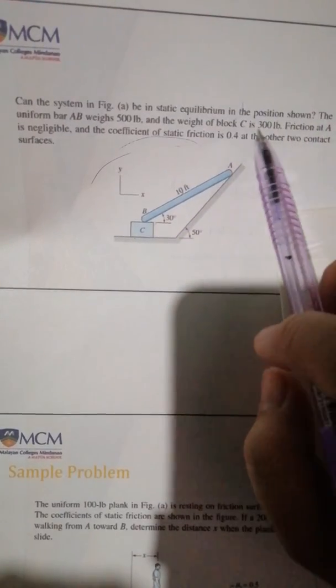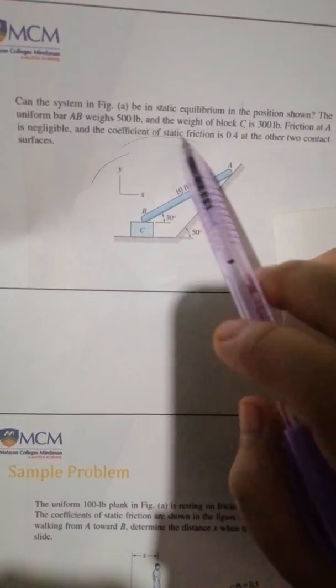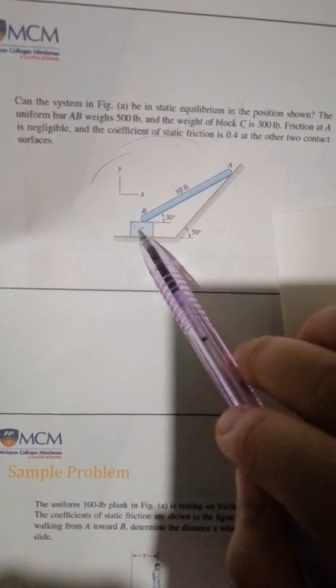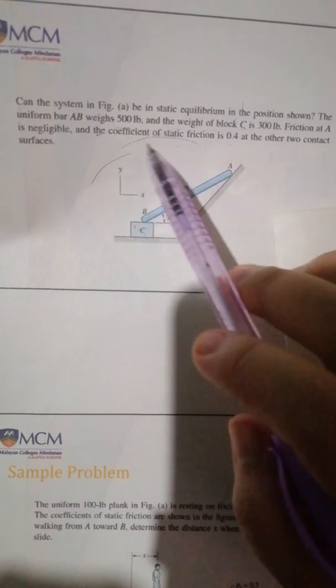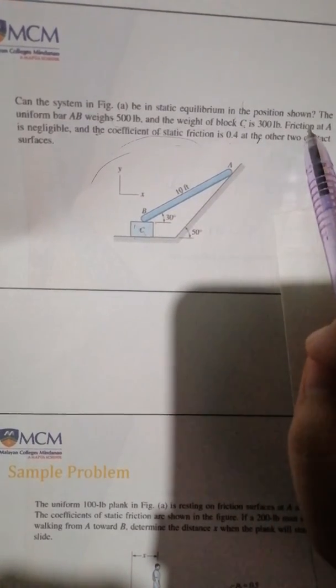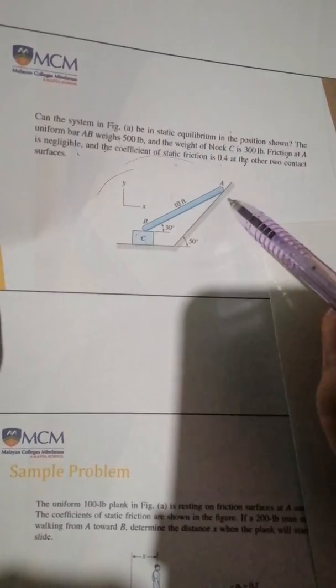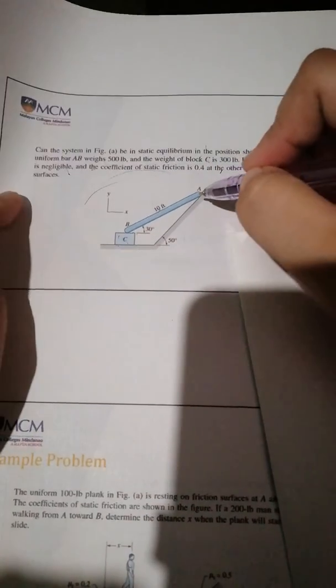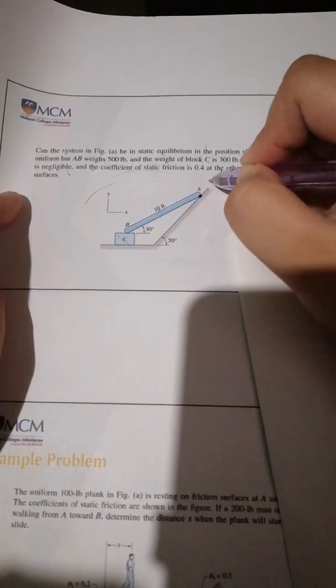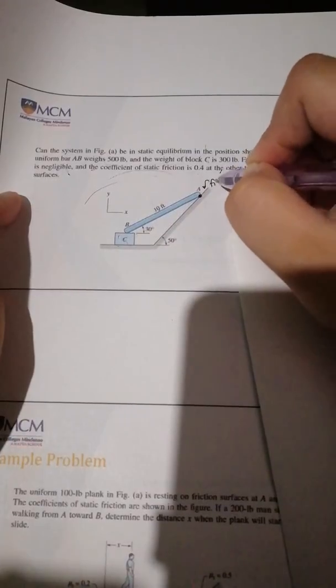Now, remember, given lahat ng weight of bar AB and of block C. It's also said here that friction at A is negligible. So, meaning, dito banda na contact surface is frictionless.